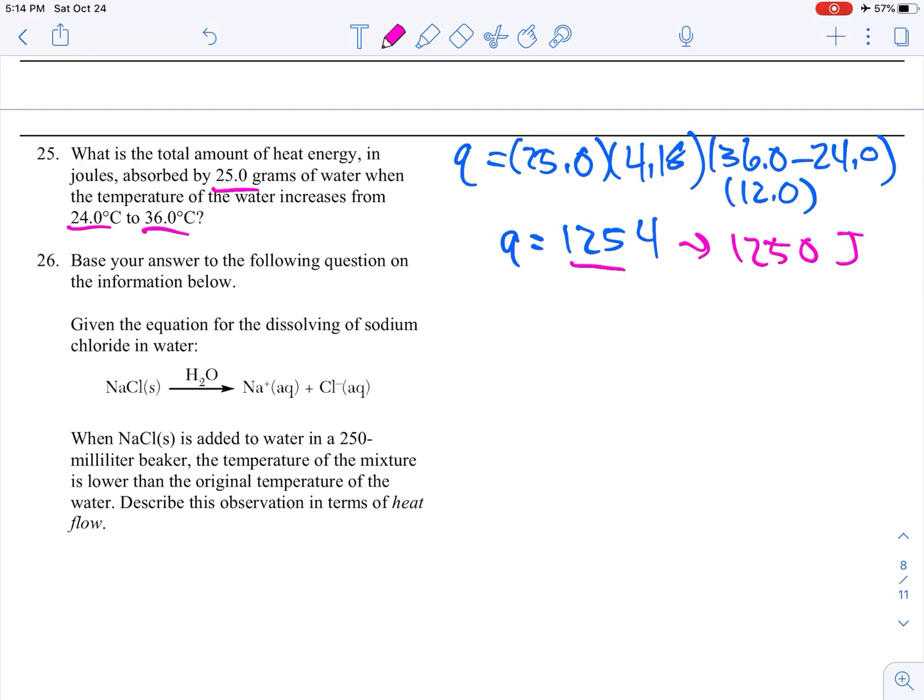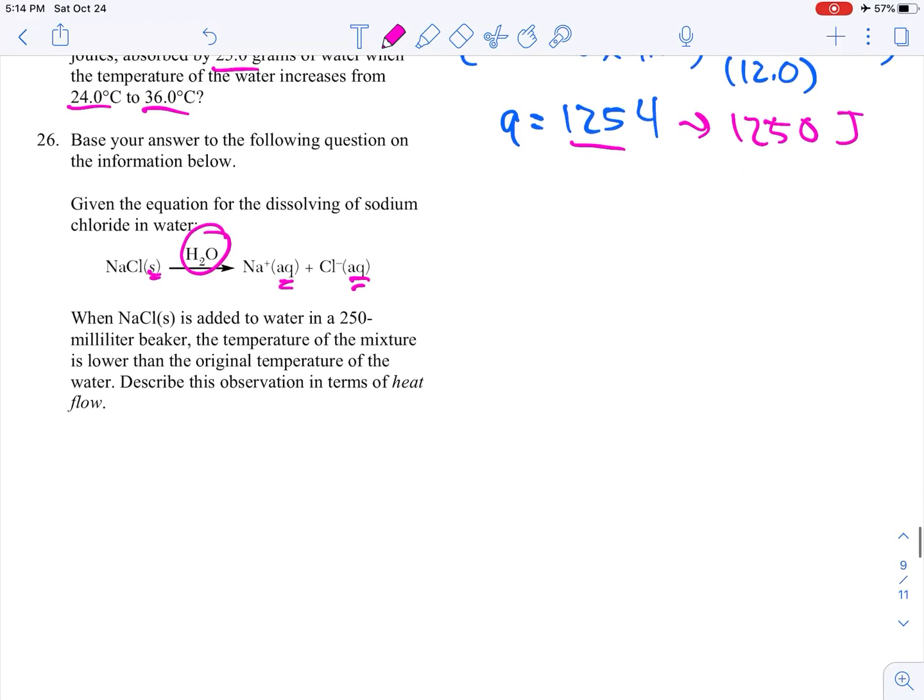Final question. When NaCl, of course, given the equation for dissolving sodium chloride, okay, so we have the solid dissolving in water, becoming aqueous, dissolved in water, ions. When it's added to a 250 milliliter beaker, the temperature of the mixture is lower than the original temperature of the water. Describe this observation in terms of heat flow. So you can say heat flows from hot to cold.